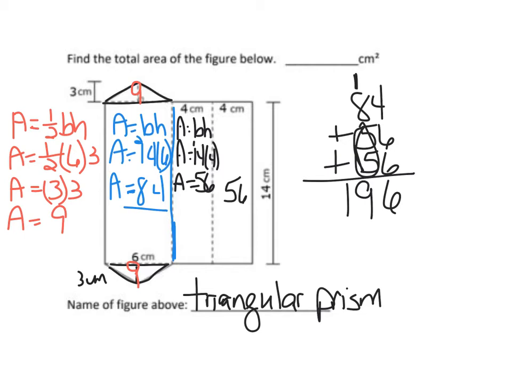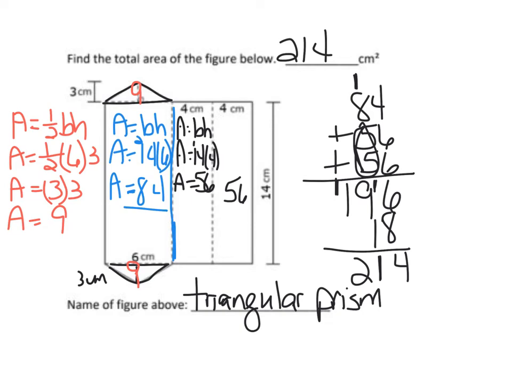No, what else do we need? The triangles. So we have 2 triangles and they're each 9. So that's 18. So 6 plus 8 is 14. 9 plus 1 plus 1, 11. And 1 plus 1, 2. So then that means the surface area of the triangular prism is 214 square centimeters.